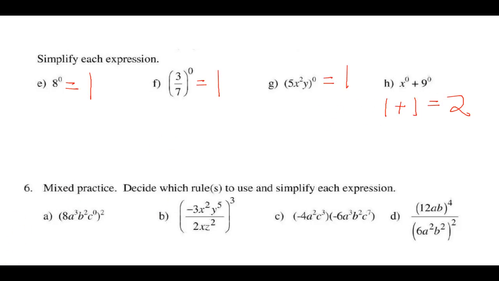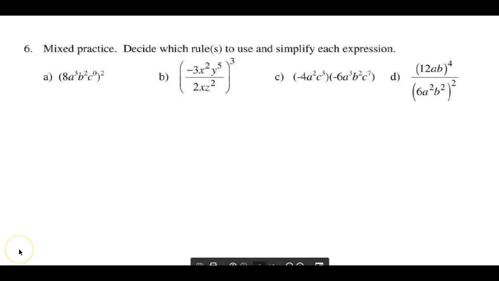All right, we're now going to do some mixed practice. Now for this, a little tricky part here is if you look at c to the 0 here, this is just going to be a 1 here. So we can kind of forget about that. And then here it's going to be a negative raised to a third power.